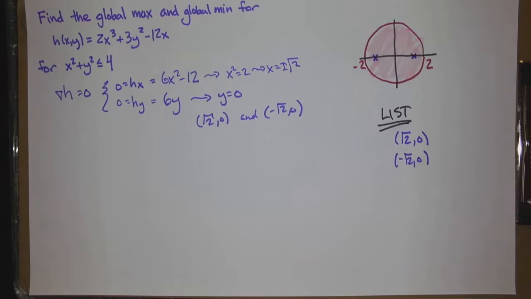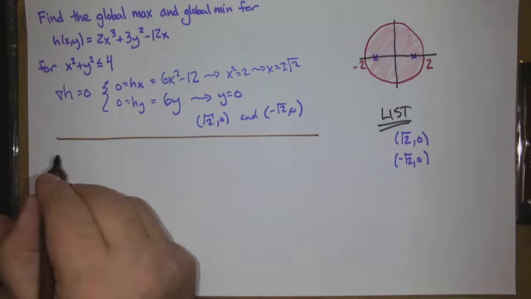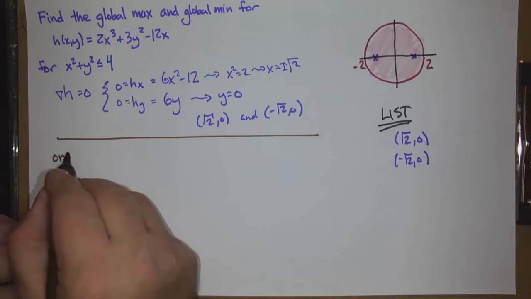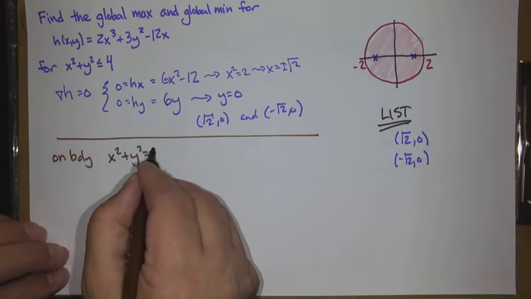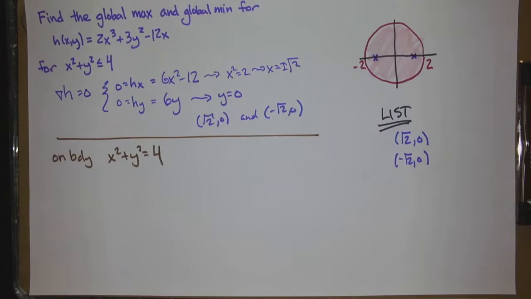Okay, so now we get to the boundary. All right. So, what's the goal? On the boundary, x squared plus y squared equals 4, because we're on the equals part.